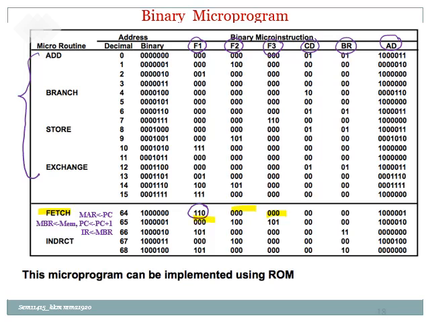F1 is empty, no operation. But now we have two, F2 and F3. F2 will be memory to MBR, that is 110. Is that correct? Check. Yes. And then F3 is PC plus 1 goes to PC.